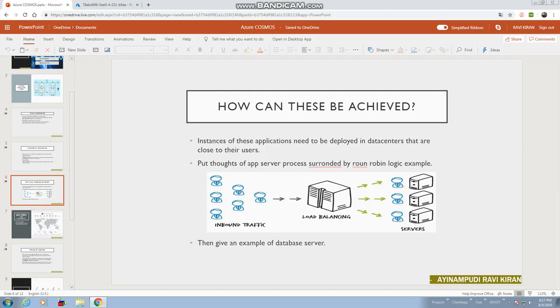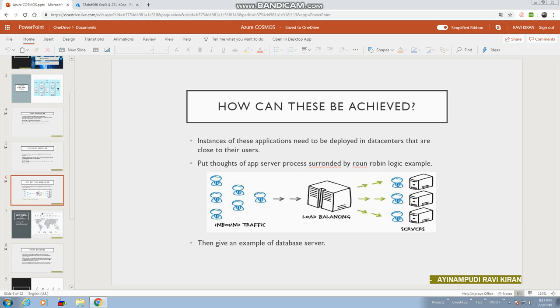Here, by app servers I mean apps coded in .NET, PHP, Java, Angular, or something or the other, static websites, I mean static content, which we deploy either in IIS servers or WebSphere or Tomcat.